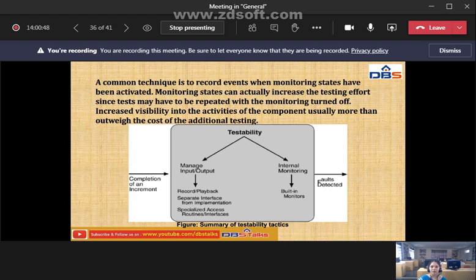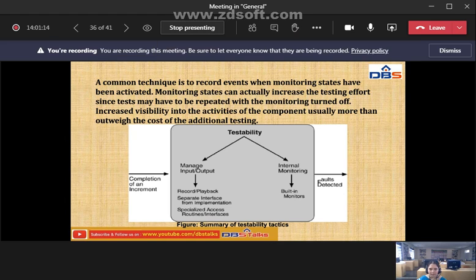Monitoring states can actually increase the testing effort, since tests may have to be repeated with monitoring turned off. Increased visibility into the activity of the component usually more than outweighs the cost of the additional testing.